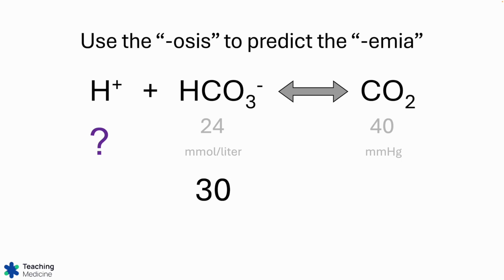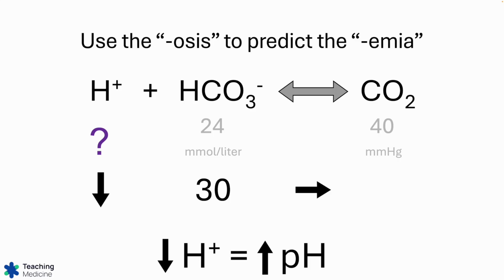And if the bicarb is increased, here it's a value of 30, which is an increase by 6, it's going to push the equation to the right with the shifting chemistry. This is going to consume hydrogen ions, and so you're going to have an increased pH. This is an example of a metabolic alkalosis causing an alkalemia.